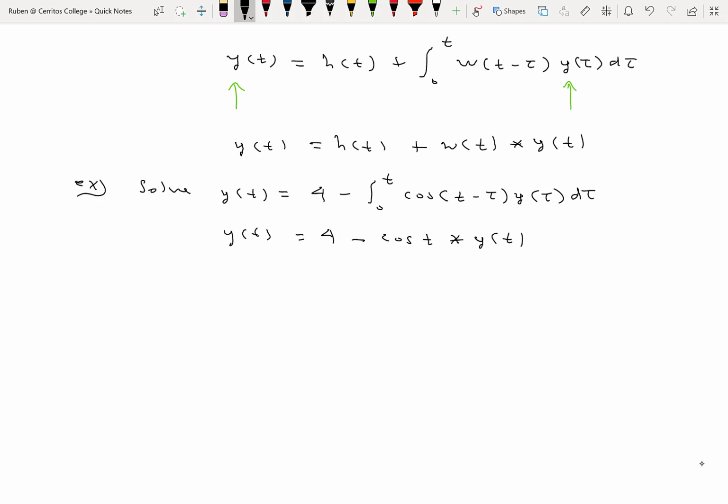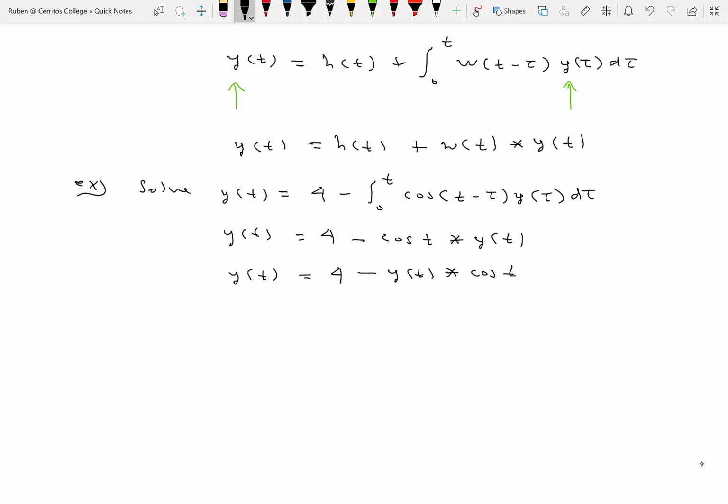Okay. Now we haven't proved it, but the convolution product turns out to be commutative. So we can write this as y of t convolved with cosine of t.